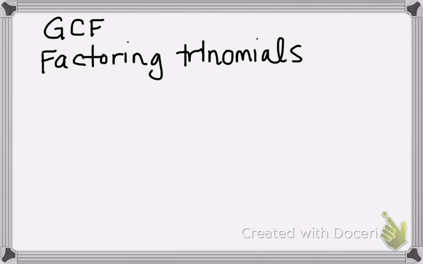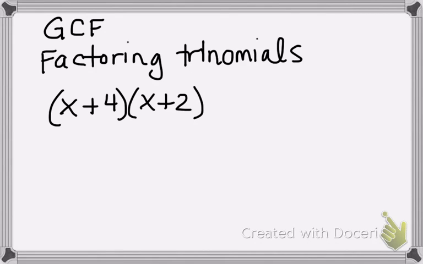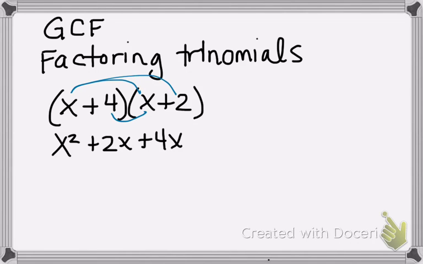Okay, so if you remember, we multiply trinomials, or we multiply two binomials, where we had it like this. We did a double distribute to get x squared plus 2x plus 4x and then plus 8.